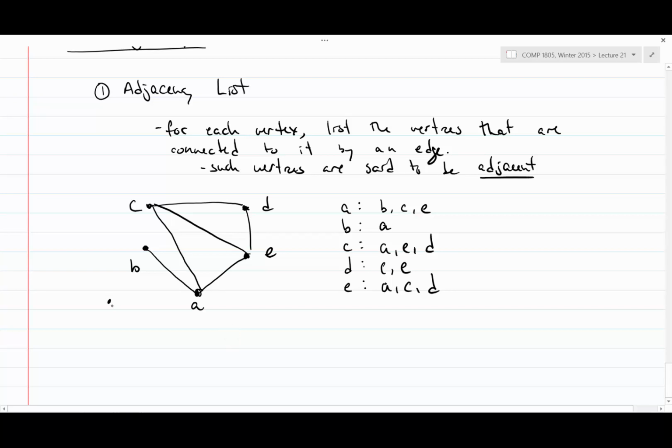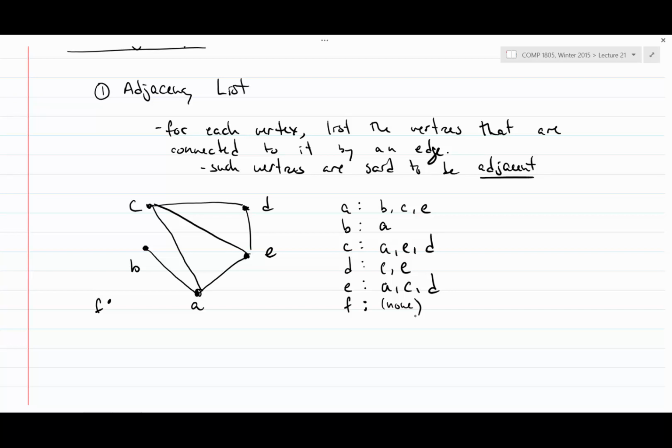Yeah, so if I had like F here, that's still part of the graph, and I would have an entry for F, and there would be nothing there. So maybe you would just say none. And that's completely fine in a graph. This would be like a person on Facebook who has no friends. They're still part of Facebook, they're just not friends with anyone.